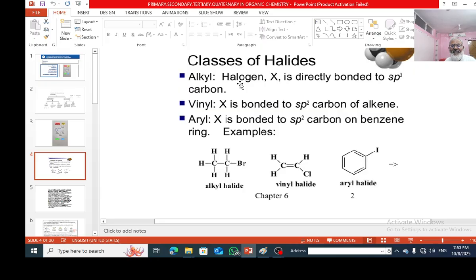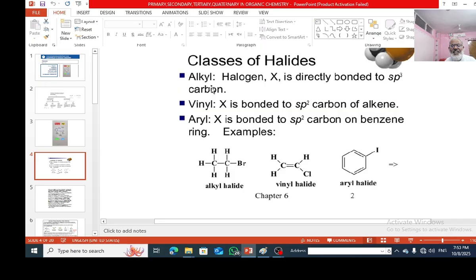As I have already told you, in primary, the carbon is attached to a single carbon. In secondary, the carbon is attached to 2 other carbons, and in tertiary, the carbon is attached to 3 carbons around it. In vinyl halides, X is bonded to the sp2 carbon of an alkene. In aryl halides, X is bonded to the sp2 carbon of the benzene ring.